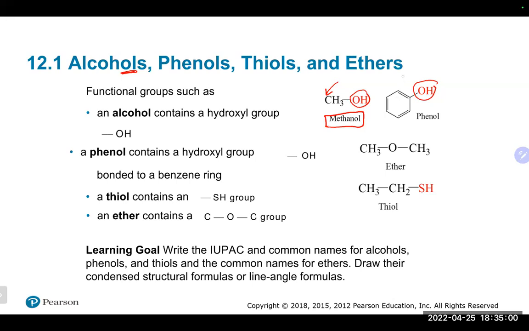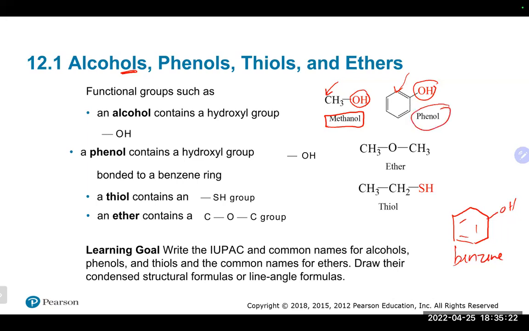This is a benzene ring, and it is different than cyclohexane because it actually has 3 double bonds in it. So that's not cyclohexane. This is what is known as benzene. And when you have a benzene that actually has an OH group attached to it, it is known as a phenol.